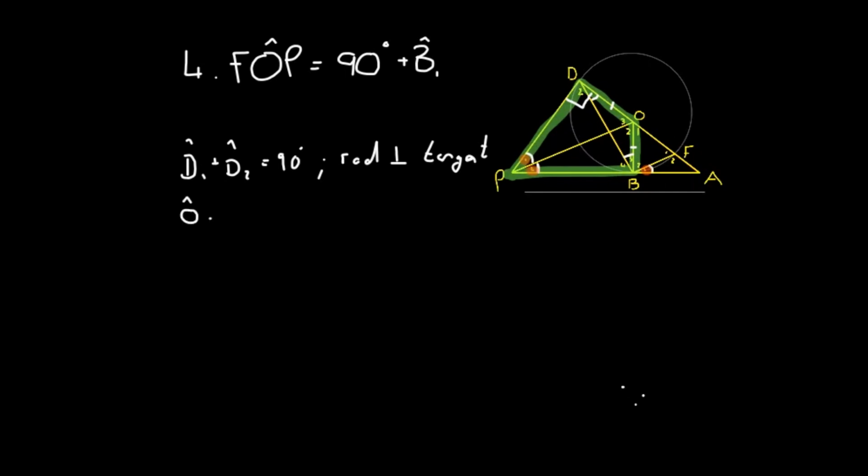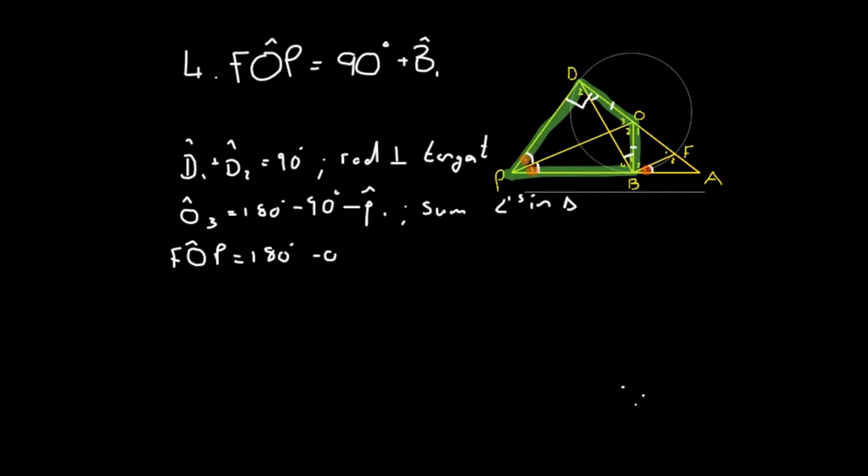O3 is equal to 180 degrees minus that 90 for D1 plus D2 minus angle P1, and our reason there would be the sum of angles in a triangle. Okay, fantastic. But we don't want O3. We want FOP, which is technically O1 plus O2. And that would equal 180 degrees minus angle O3. And then we've got sum of angles in a straight line.